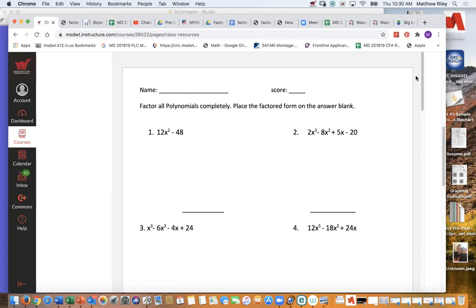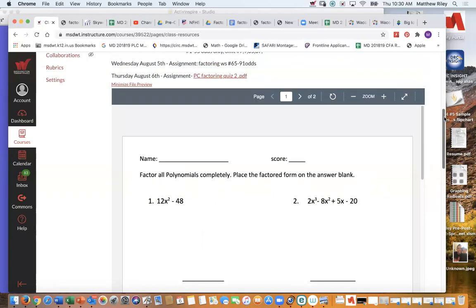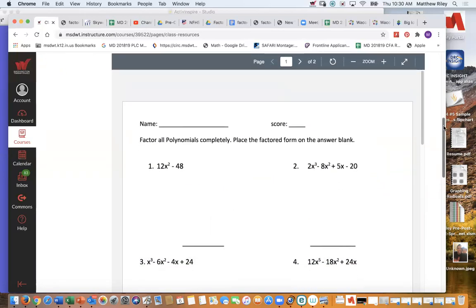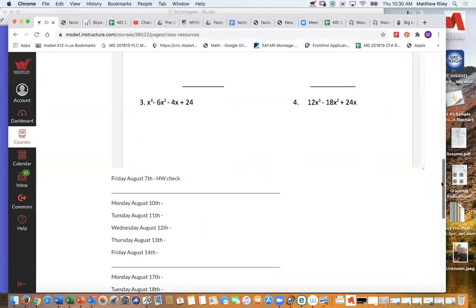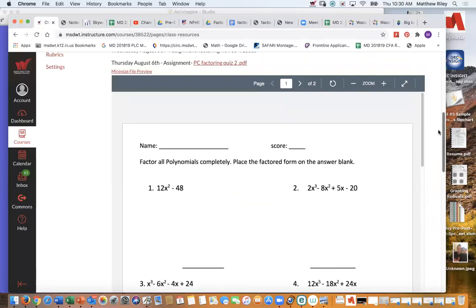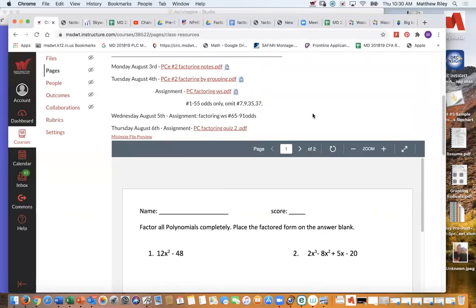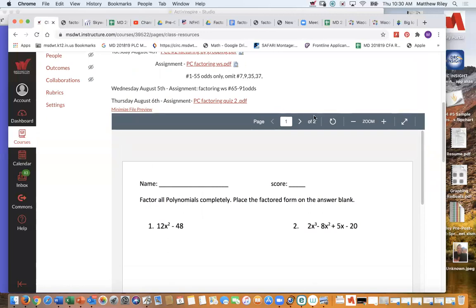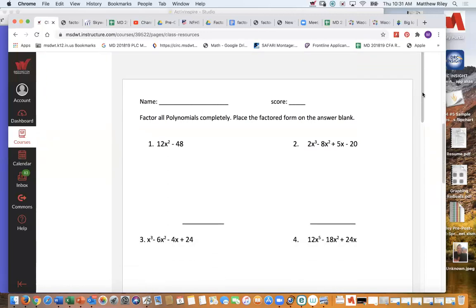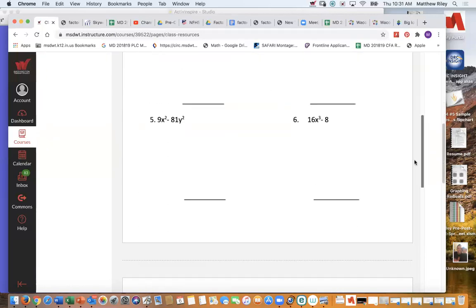When you have a specific question, you can ask about it, and I'll write something similar, but not the same question. I want to check and see, are you getting this or not? Because starting next week, you're going to have to know all of this stuff. It's going to be really difficult for you to move on if you don't know how to factor, okay? So take a few minutes, pull that up, and get started.